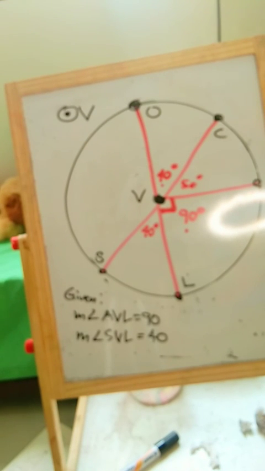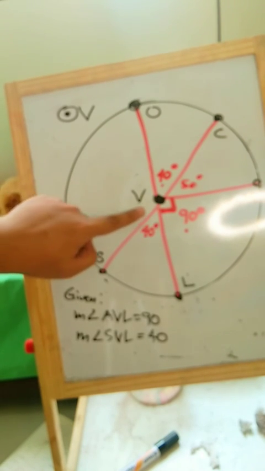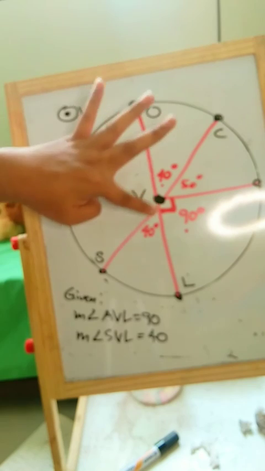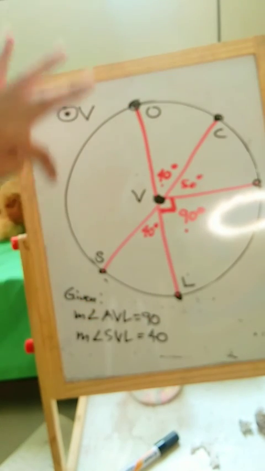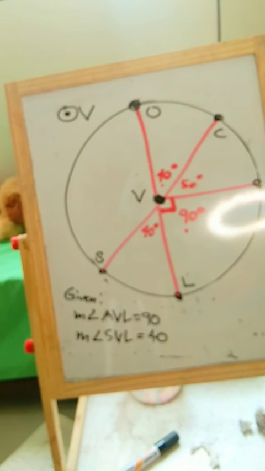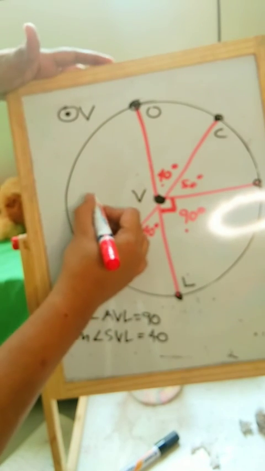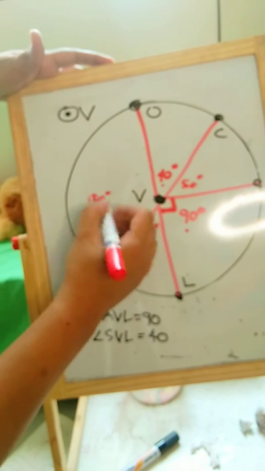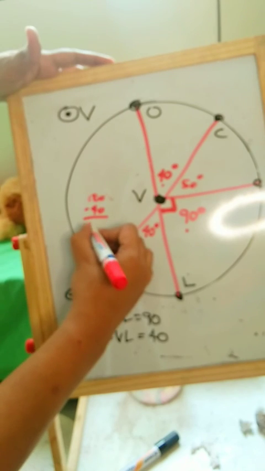Now, how about this particular arc? No, not the arc, the angle here. Take note again, this is another semicircle. This measures 180 degrees already. Since we have 40 degrees here, from a total of 180, we will just deduct 40 degrees. So that measures right now to 140.